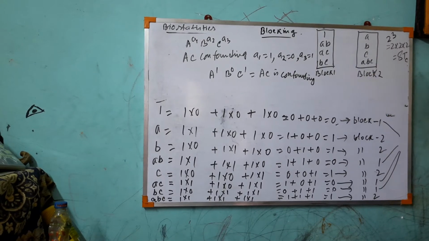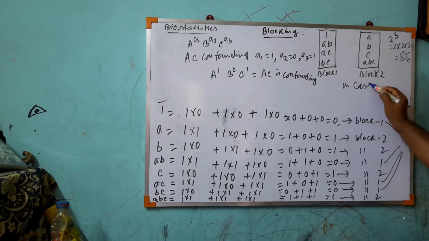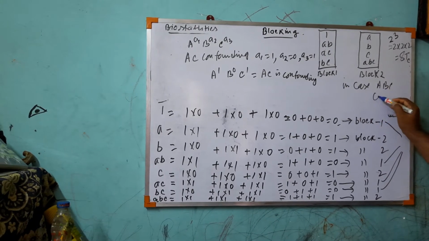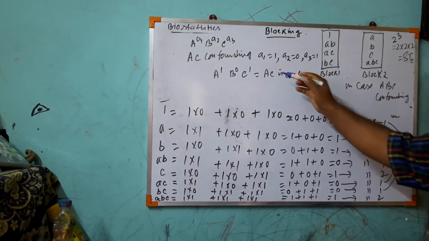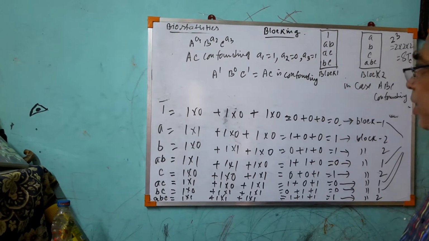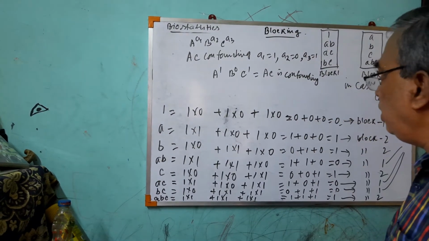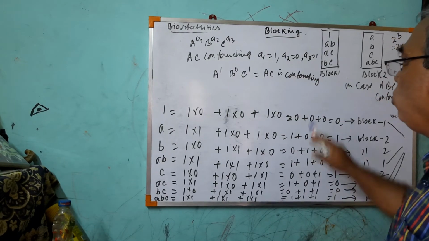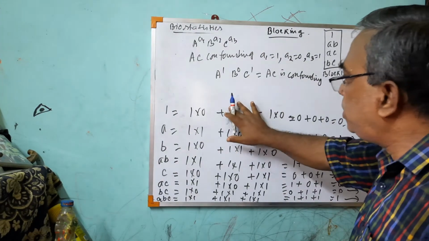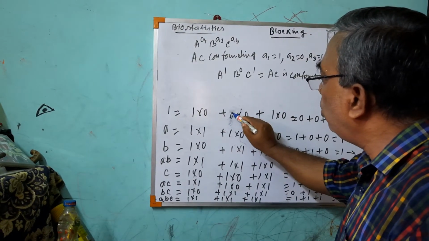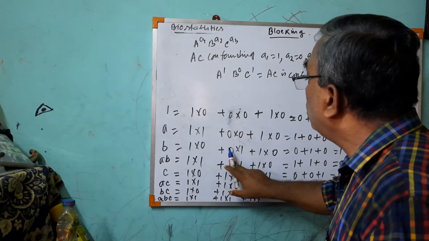These are the two blocks, block 1 and block 2. In case of ABC confounding, right? When AC is confounding, then these two will be different. I am doing it now. AC is confounding, so a1 is 1, a2 is 0, a3 is 1. So a2 will be 0 here. This will be 0, this will be 0, this will be 0, this will be 0.